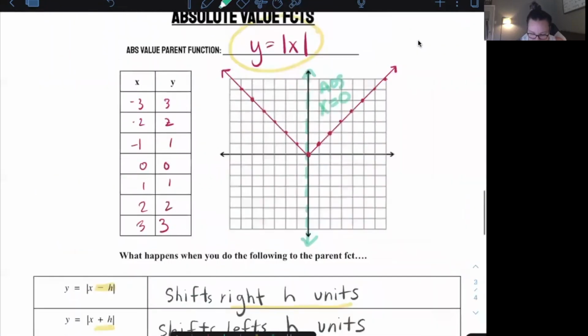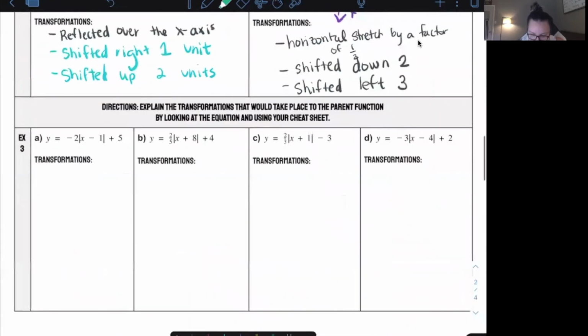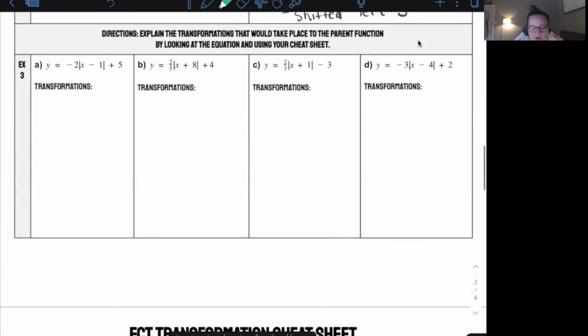All right. So let's use that cheat sheet to help us describe a bunch of transformations. Well, for the first one, y is equal to -2 times the absolute value of x minus 1 plus 5. We have a whole bunch of transformations. We're subtracting a number from x, we're adding a number outside the absolute value, we're multiplying by 2 and a negative.